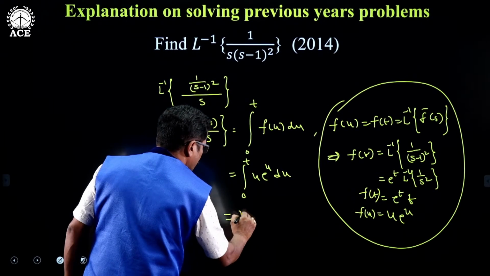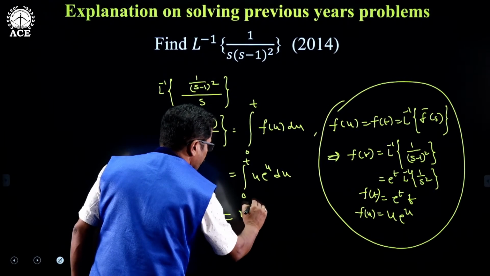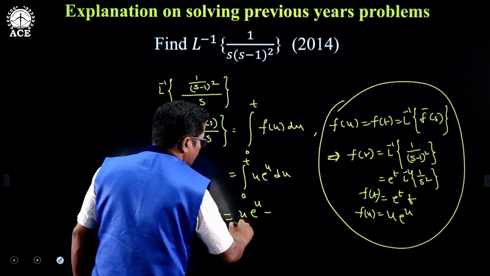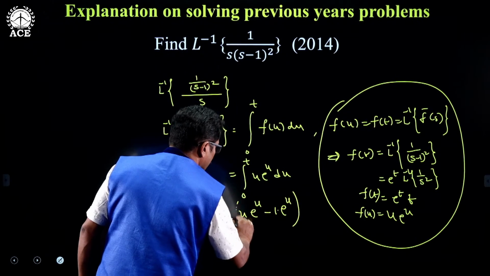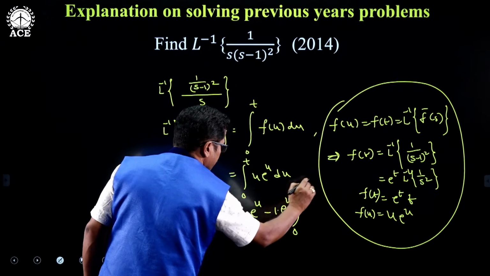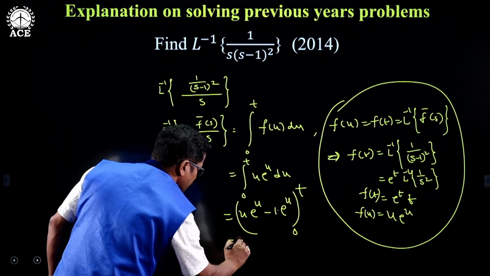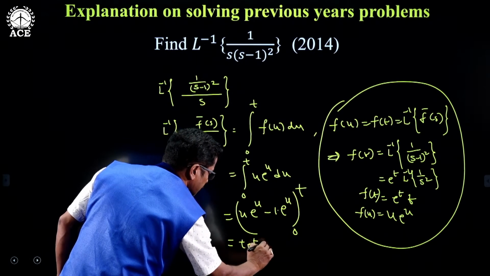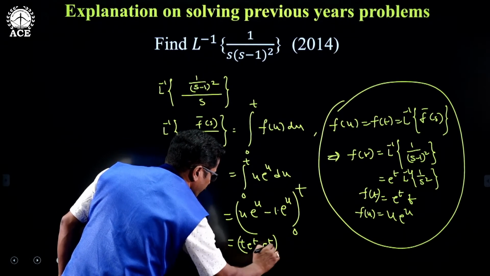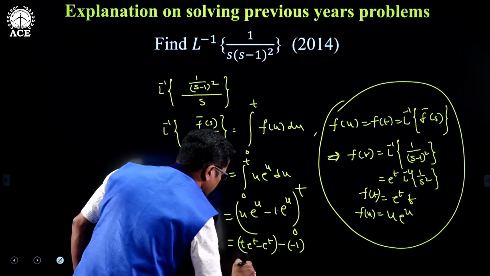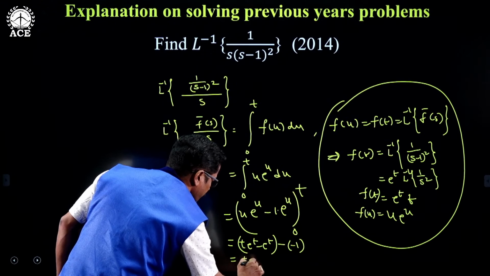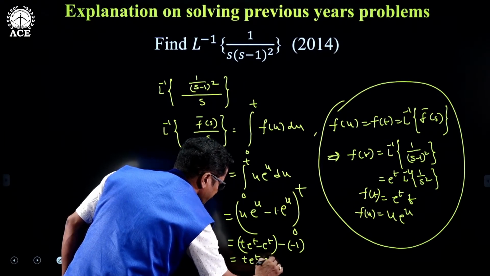So u into the integration of e power u, which is e power u, minus the integral of the differentiation of u, 1, into e power u integration, which is e power u, over the limits 0 to t. For the upper limit, t into e power t minus e power t. For the lower limit, this term is 0 and this is going to be minus 1. So this equals t e power t minus e power t plus 1.